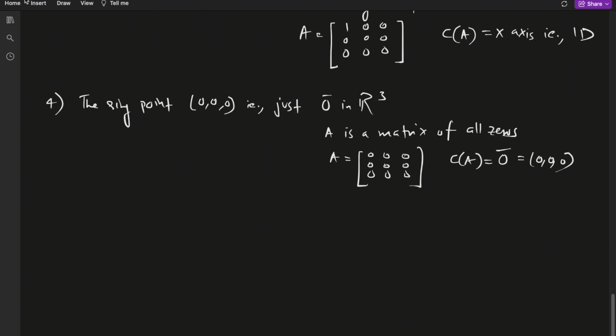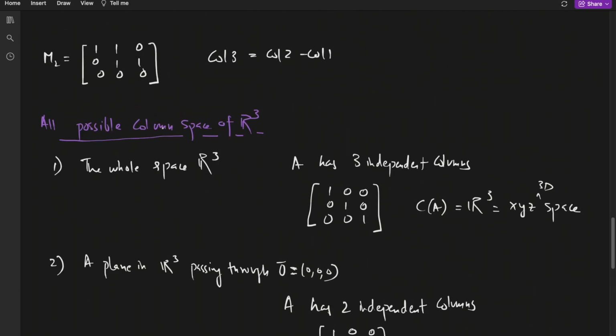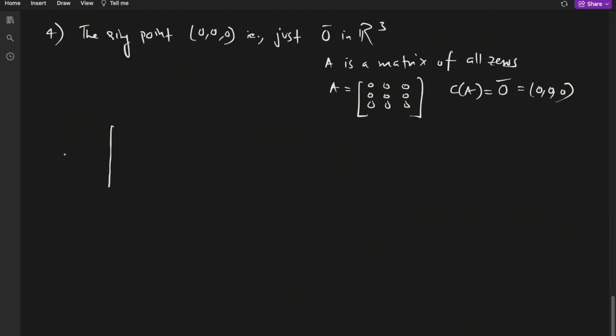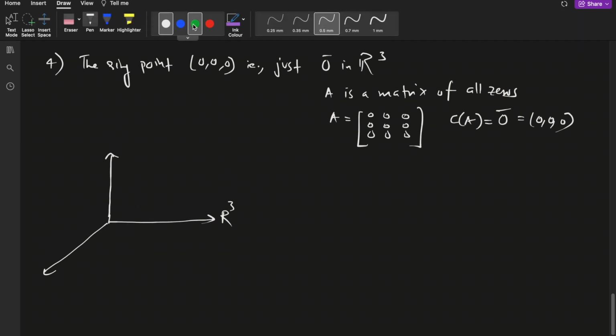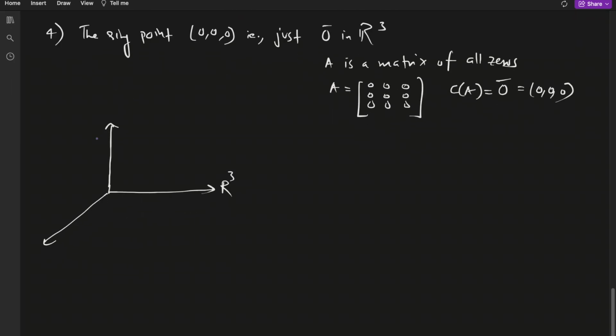So if we visualize this, we need to see all the possible column spaces of R cube, right? So first of all, we will draw R cube. This is R cube. So one possible such space is the entire R cube, the first one.